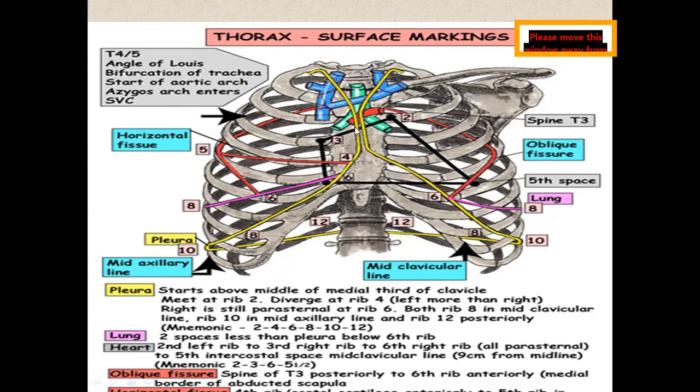That means it is coming straight and then going behind. At the fourth rib it is more on the left than on the right. Then you see it is moving up to the 10th rib in that direction. It is cutting the 4th, 6th, 8th, and finally it is touching the 10th rib. You just come along this line. This I have explained in my pleura lecture also, you can review pleural reflection there.